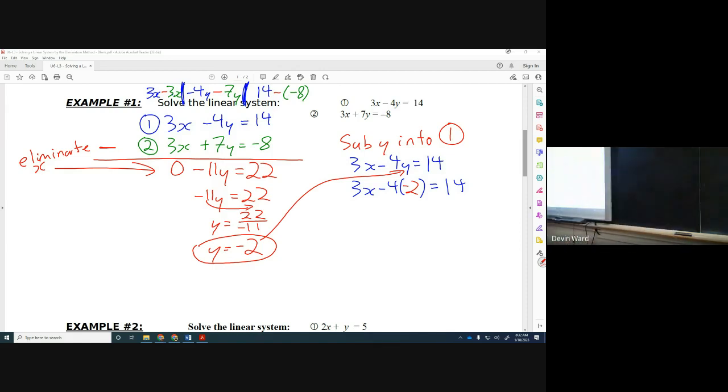Now I just need to solve for x. So 3x, negative 4 times negative 2, negative times negative becomes positive, and 4 times 2 is positive 8, equals 14.